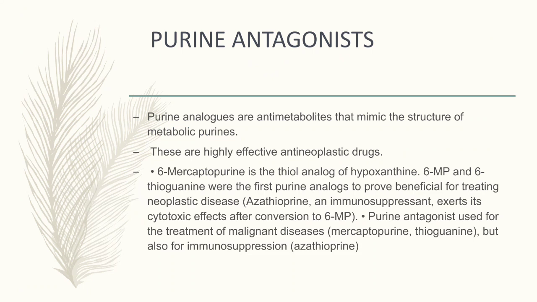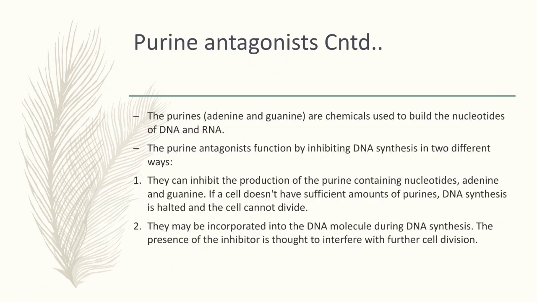Azathioprine, an immunosuppressant, exerts its cytotoxic effects after conversion to 6-mercaptopurine. Purine antagonists used for the treatment of malignant diseases are mercaptopurine and thioguanine, and for immune suppression, azathioprine.